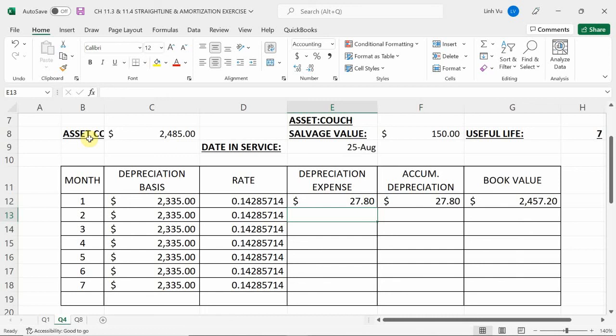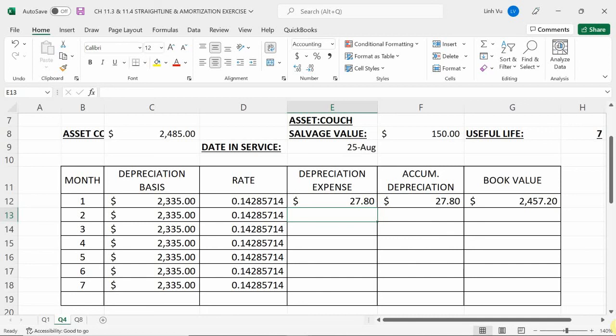Wait, no, it wouldn't be. Are you talking about the accumulated depreciation for the next month or the book value? I'm talking about the depreciation expense for the next month. How would I solve for my monthly depreciation expense?